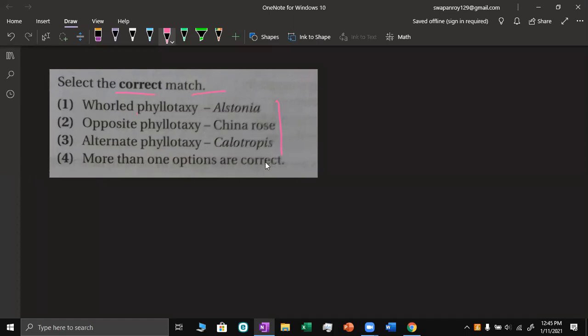See, in option one, China rose, actually, it is alternate. In Calotropis procera, a medicinal plant, it is opposite.